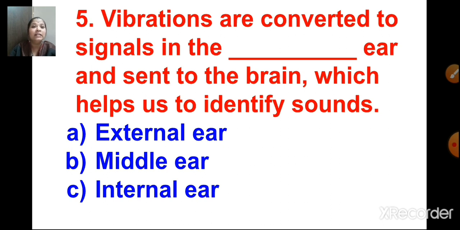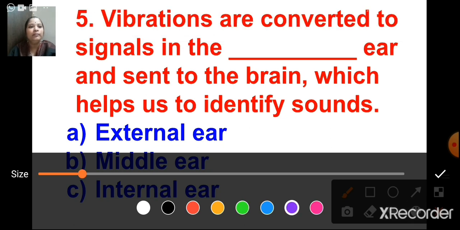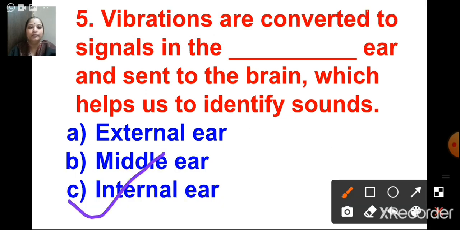The sound then passes through the three bones in the middle ear and then goes to the internal ear. And here in the internal ear, what happens? The vibrations are converted to signals in the internal ear. So what is the answer? The answer is C, internal ear.